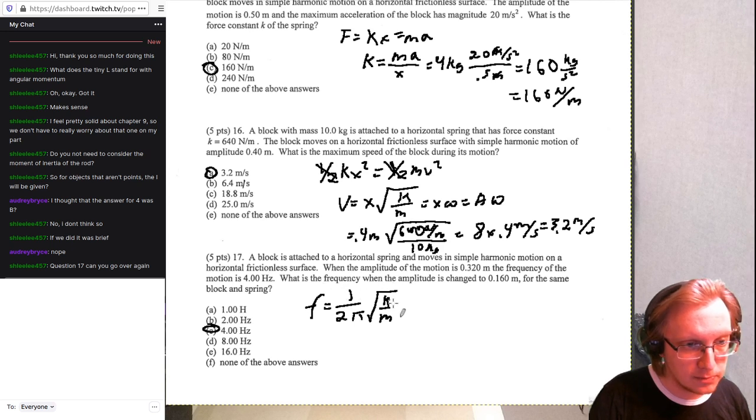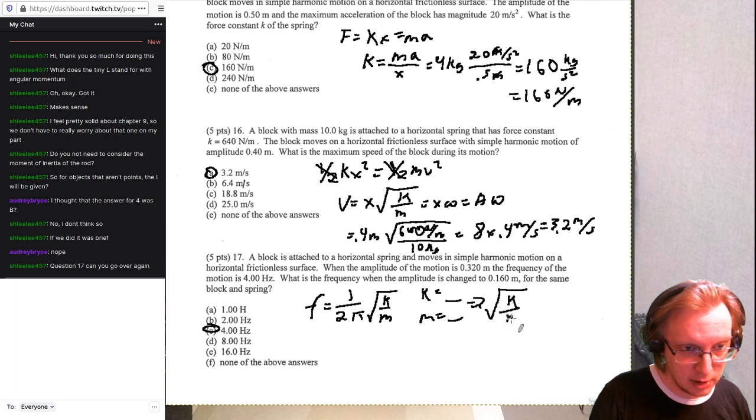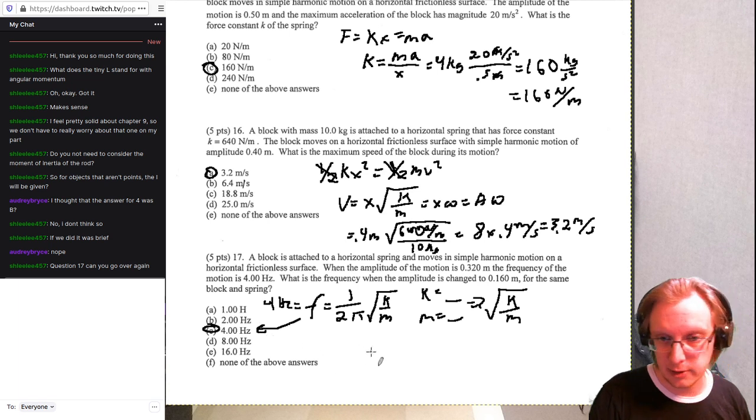When the amplitude is changed to half that for the same block and spring, the spring constant k is still whatever it is. Mass is still whatever it is, which means that k on m is whatever it was. We are told that this is equal to 4 hertz, and so this number is unaltered. These quantities are unaltered, so that means our frequency is unaltered. Make sense?